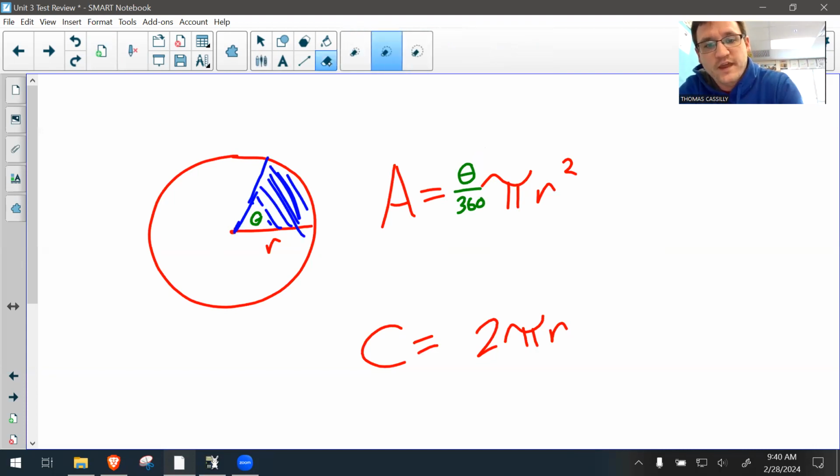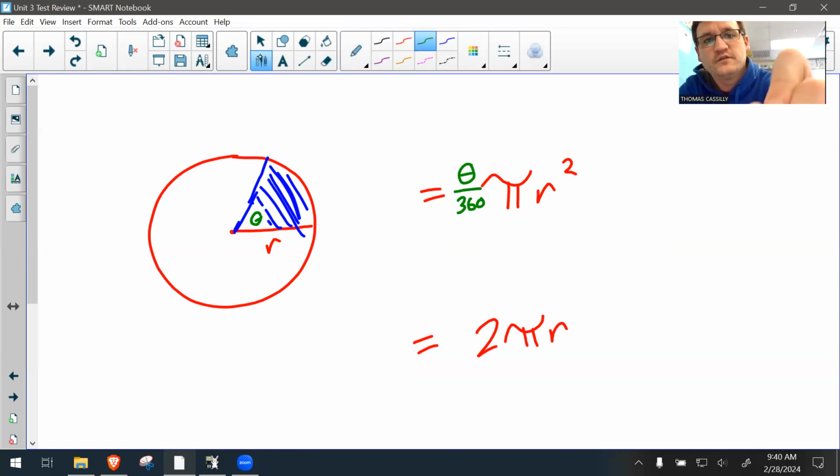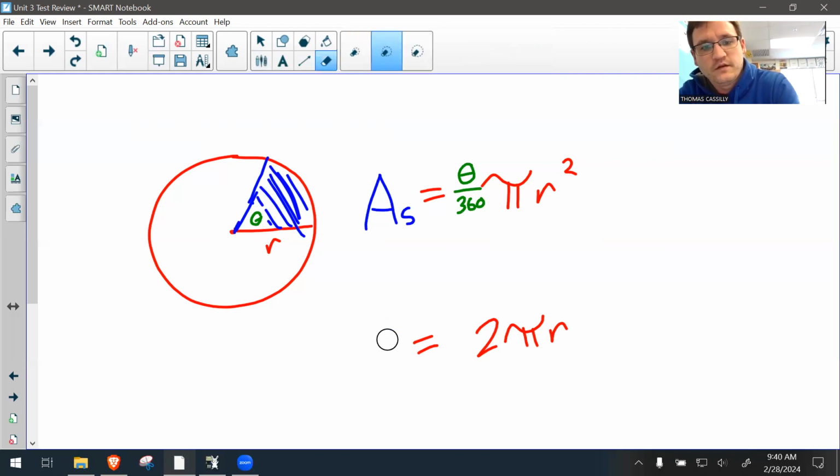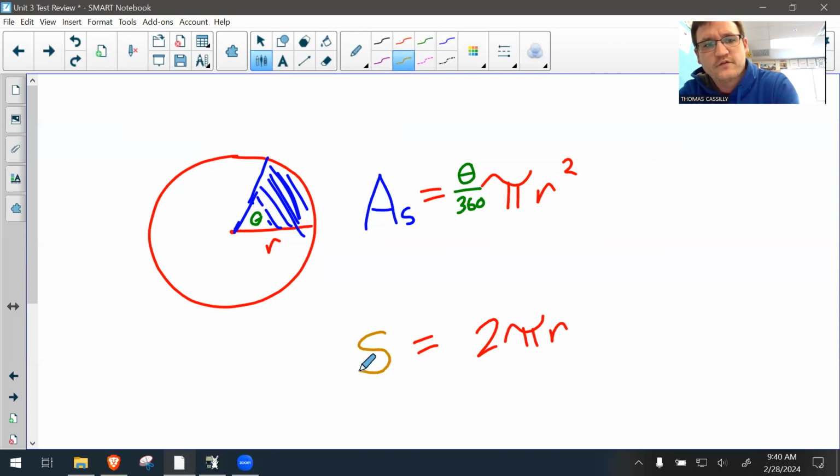So this turns into A with a little s, the area of the sector. Now the next one is the arc length. We use the letter S to represent an arc length. Think about the crust on the pizza. How long is that crust?